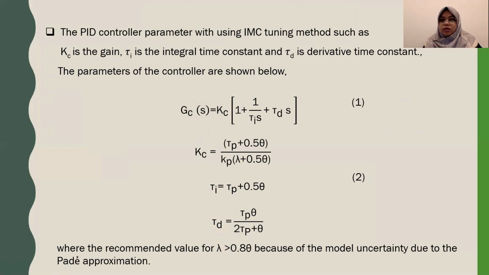The filter is the lambda that you can see in the equation for KC. Lambda is the filter of the IMC tuning method. The recommended value for lambda is more than 0.8 theta because of the model uncertainty due to the pade approximation.